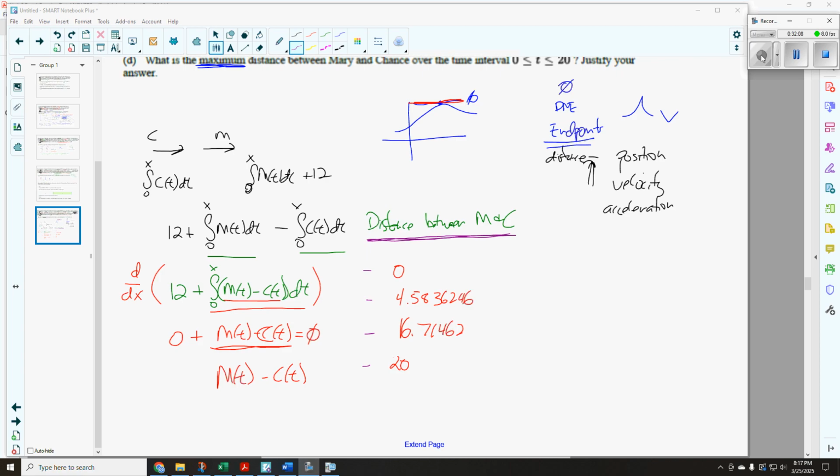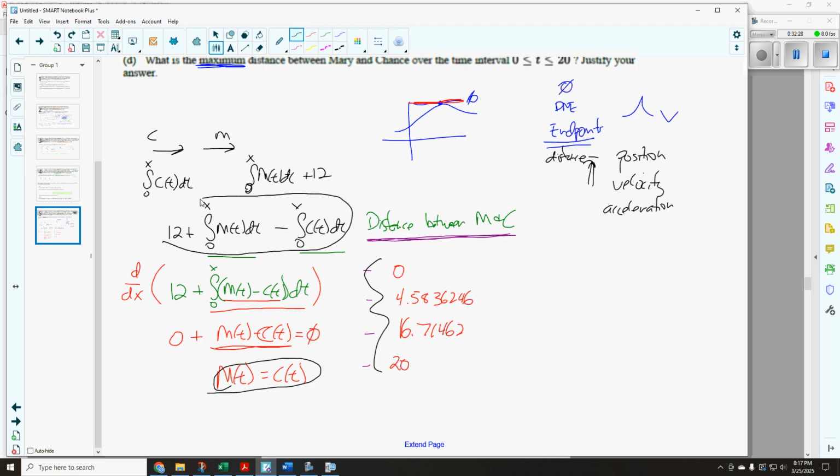I have to stop. I made a mistake. I'll make note of this in the notes there. I don't want to evaluate this at my critical points. I need to evaluate the distance between them now.